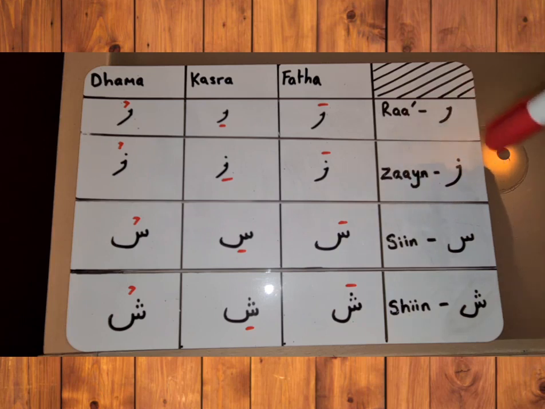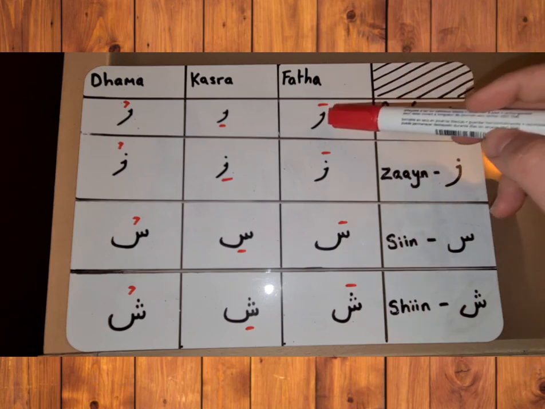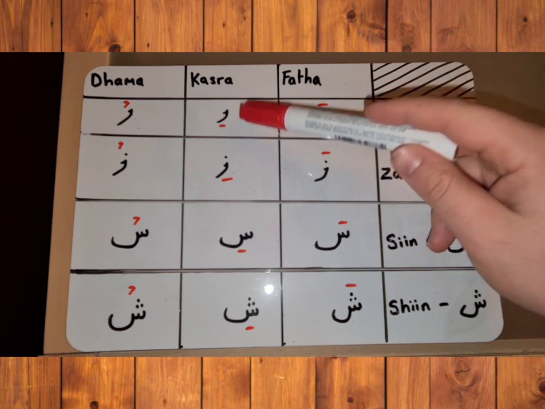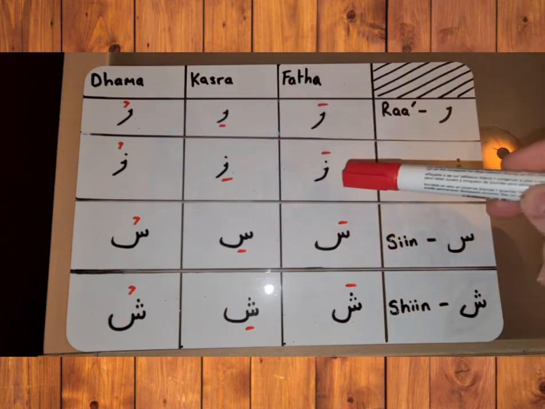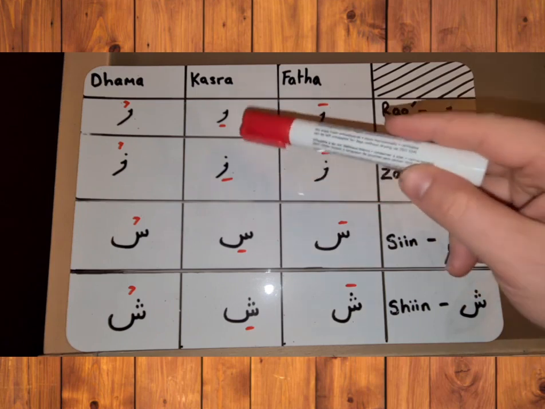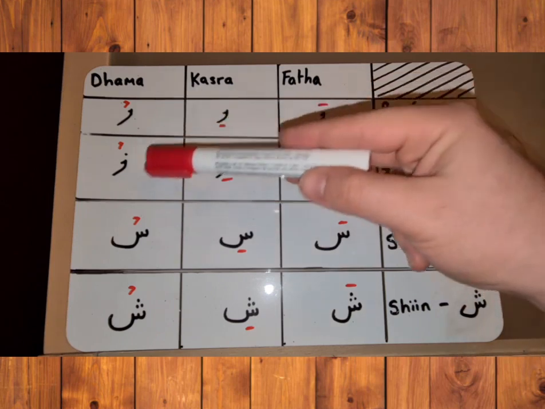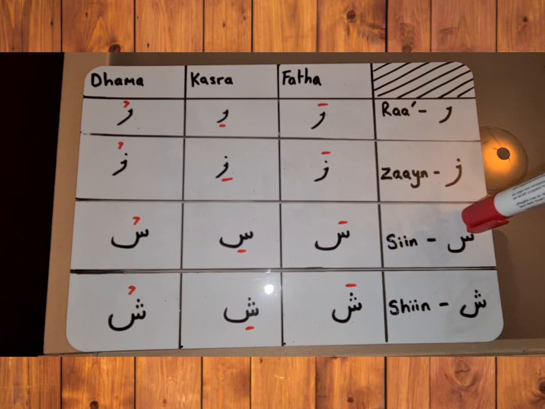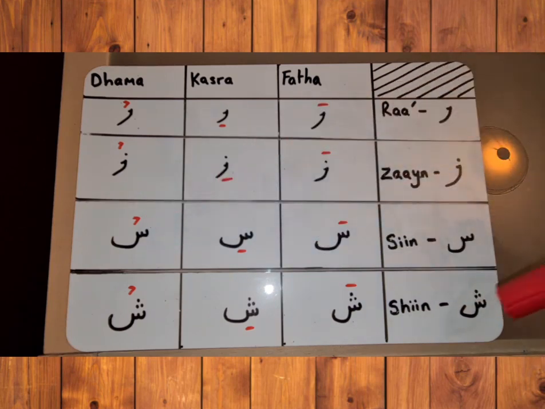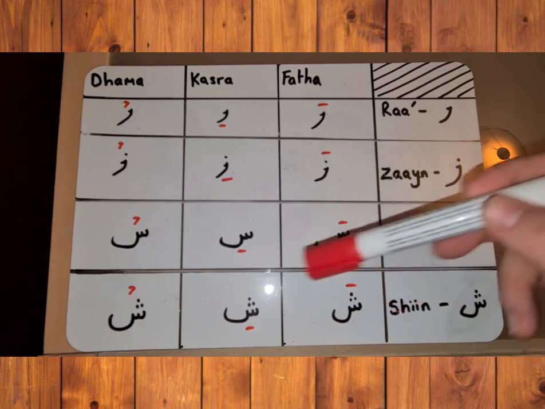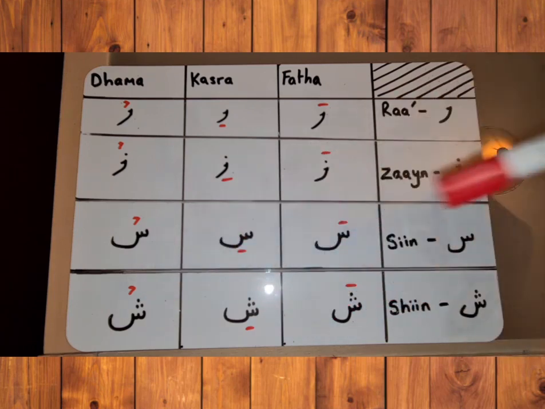So for ra, with the fatha, it's ra, with the kasra, ri, and with the dhamma, ro. For zain, with the fatha, za, with the kasra, zi, and with the dhamma, zo. For sin, it is sa, si, so. And for sheen, it is sha, shi, and sho.